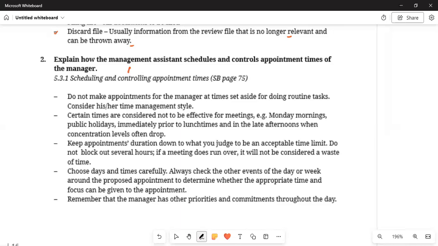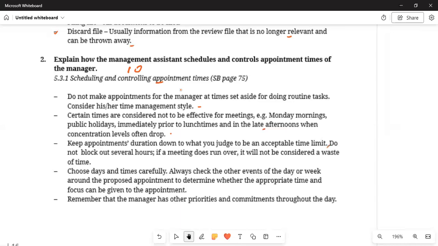And then we are saying, scheduling and controlling appointment times: do not make appointments for the manager at times set aside for management tasks. Certain times are considered not to be effective for meetings: Monday mornings, public holidays, immediately prior to lunchtime, and late in the afternoon when concentration levels often drop. Keep appointments' duration time limited.